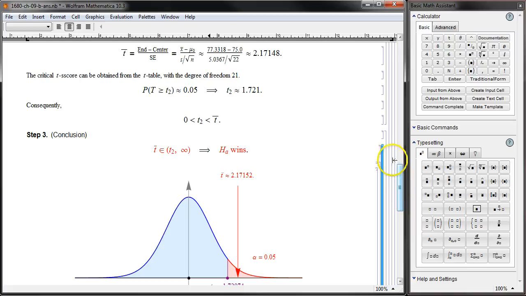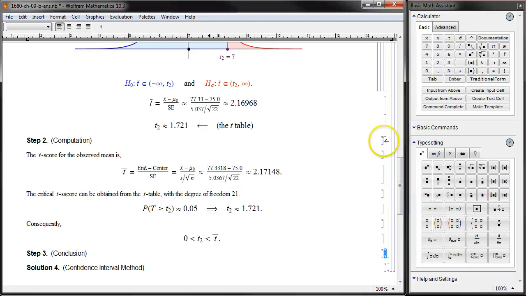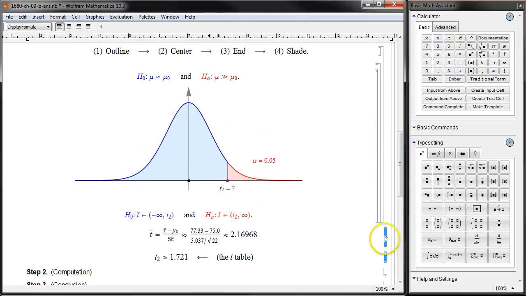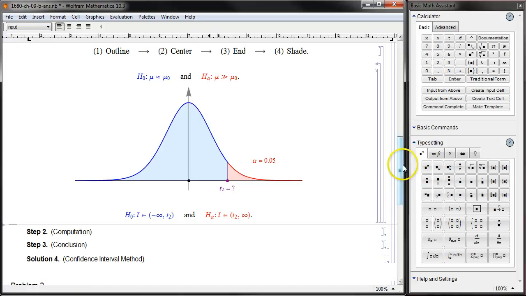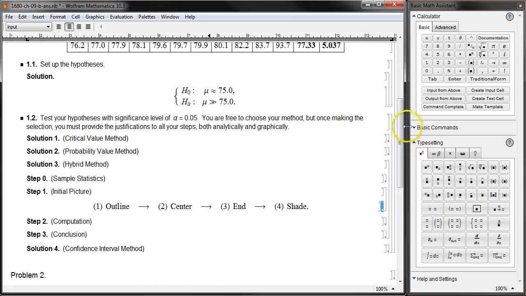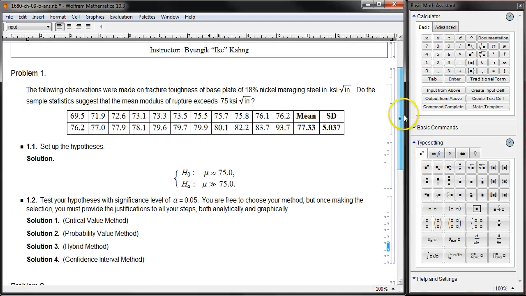And if you understand that kind of graph transformation, then this method works very, very well. But if you do not understand all those details, then you can get lost here. So I would say this is very similar to solution 1, critical value method, except that it goes a little bit deeper in theory.